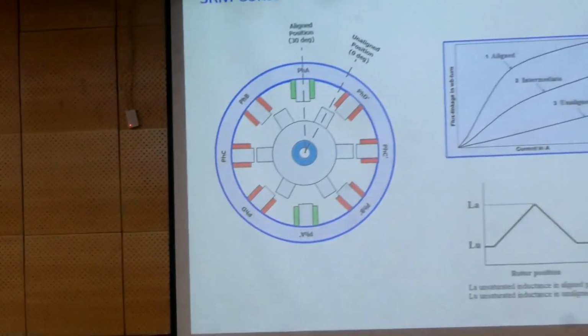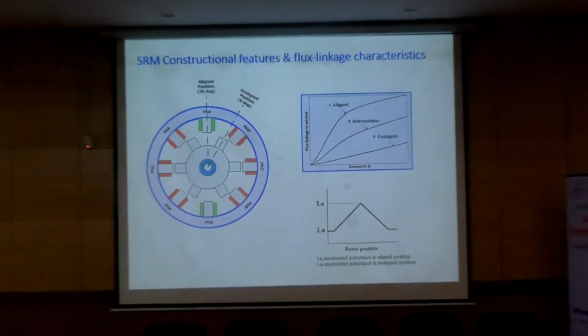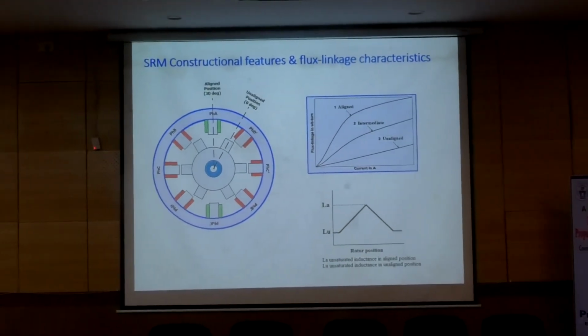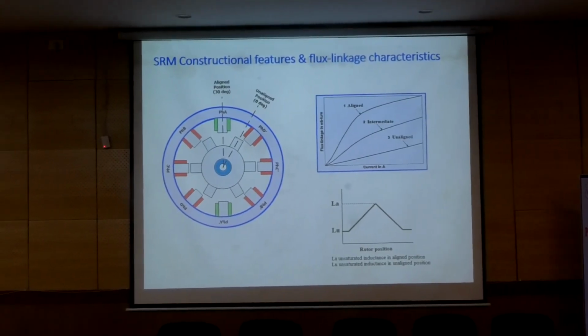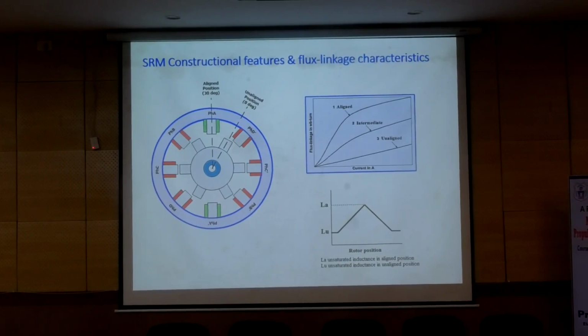Therefore, the position sensor plays a very vital role in estimating the particular position, and with respect to that position the flux linkage characteristics can be estimated. So the phase current flux linkage varies as a function of current.